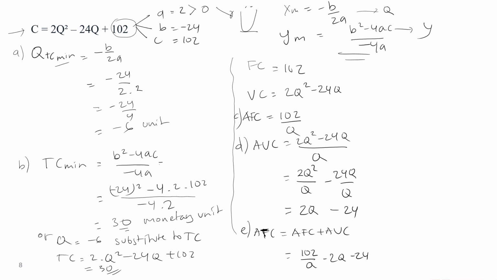Okay, now the last one is the marginal cost at this position. Wait a minute, what is the q again? The q over here is minus 6.